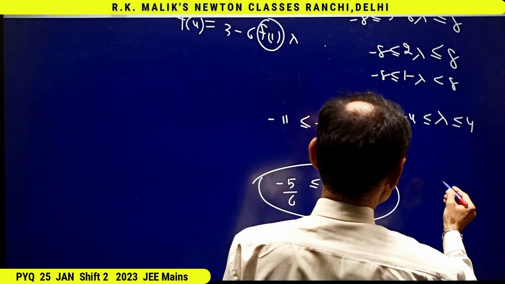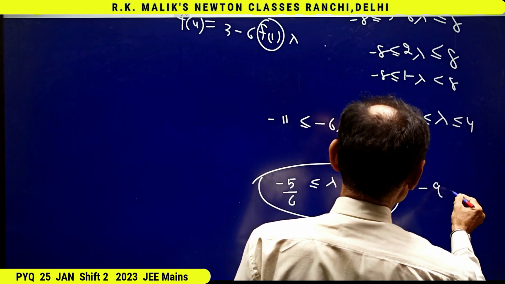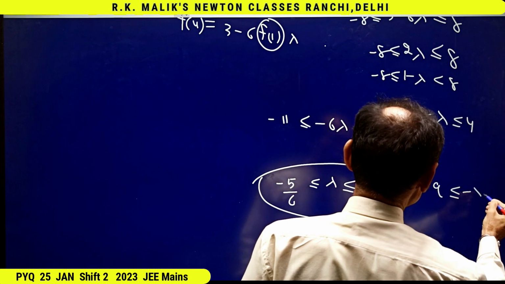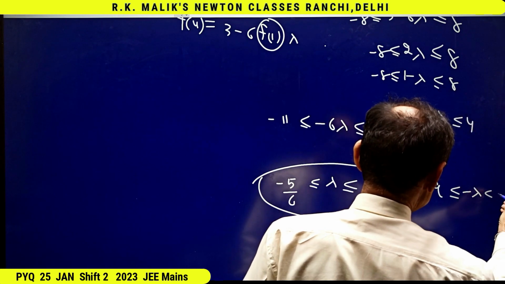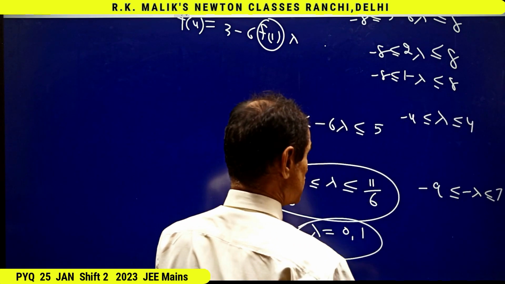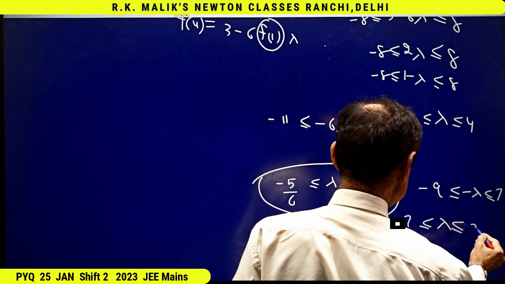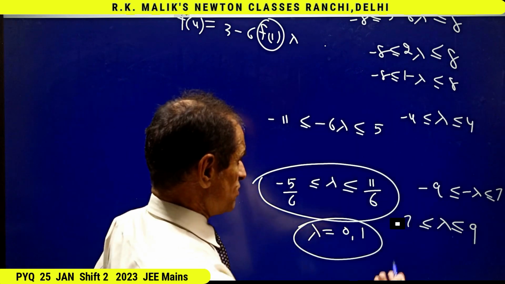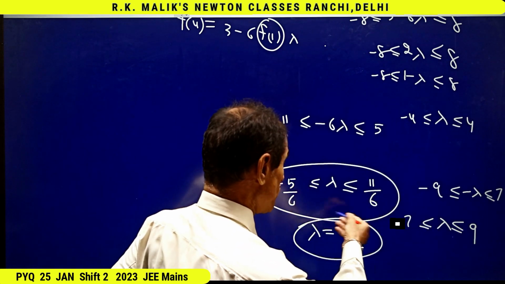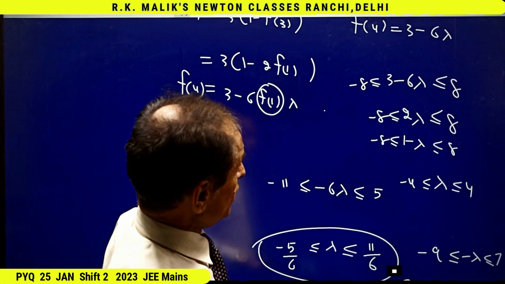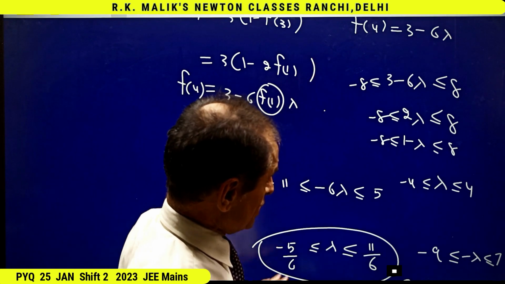And lastly, this means minus 9 is less than or equal to minus lambda, less than or equal to 7, that is lambda lies between minus 7 and 9, and this is also a superset of this because I want all these conditions to be satisfied.